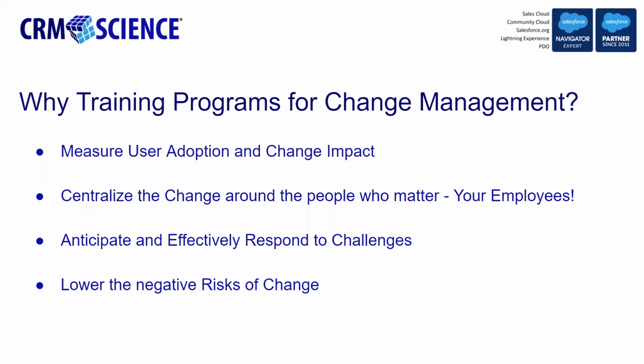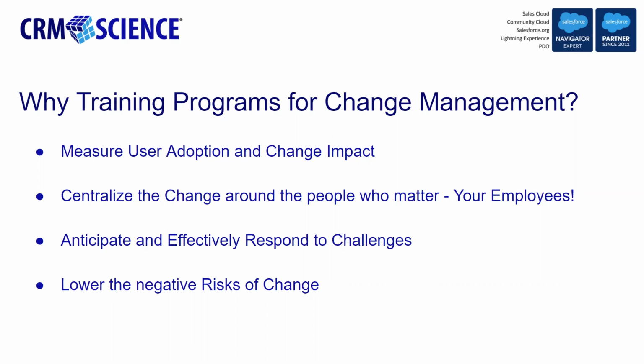So I've talked a little bit about change management and user adoption and what those things mean to an organization. But one of the things that's important, and what I'll mostly be focusing on today, is the initial driver of a successful change management experience, which is training and training programs for your users. I listed out a few different examples of why training programs are important.